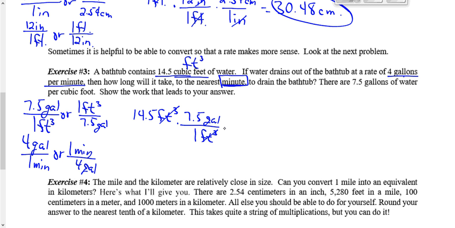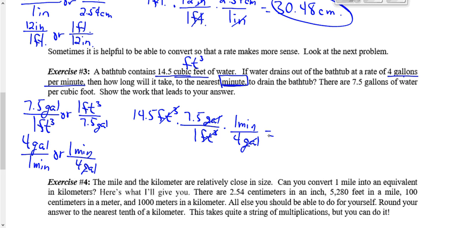So this one, 1 minute to 4 gallons. The gallons cancel. And what's the only unit left? Minutes, that's what they wanted. So you guys go ahead and work that out. You know what to do with the numbers when they're top and bottom on your calculator, right? Tell me what you get.